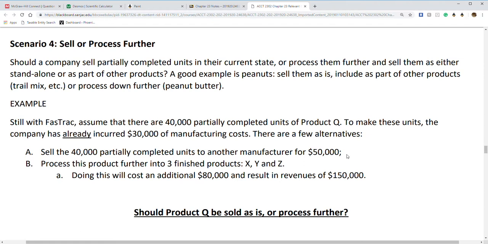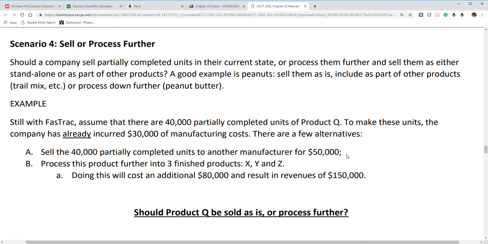So fast track is assuming there are 40,000 partial completed units of product Q. Secret product. Product Q. Makes a strange Powerpuff Girl. Forgot to use Chemical X. But to make these units, Professor Utonium has already incurred $30,000 of manufacturing cost.